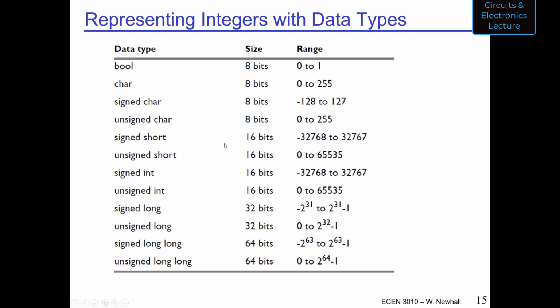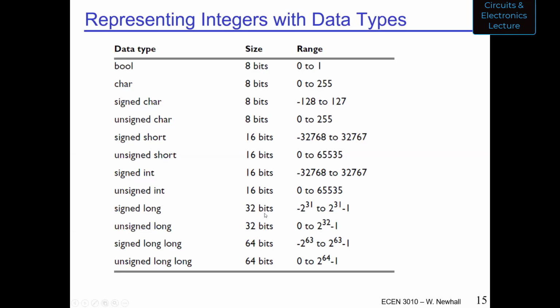If you need bigger values, integers, you can use these short integers, and so those are 16 bits, and they can be signed or unsigned. Right? And so you have to know how to interpret the numbers when you have 16 bits, because one of the bits is used as a sign bit, and it tells you whether the number is positive or negative.